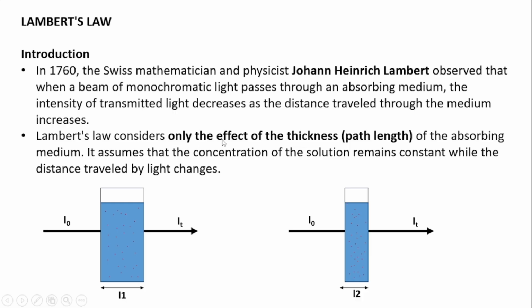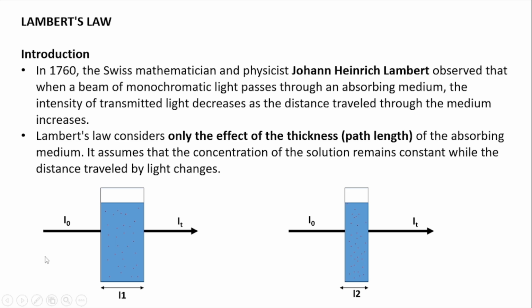Lambert's law considered only the effect of thickness or path length of the absorbing medium, and it assumes the concentration of the solution remains constant. So basically, Lambert's law tells us the relationship between light absorption and the path length or thickness of the absorbing medium.